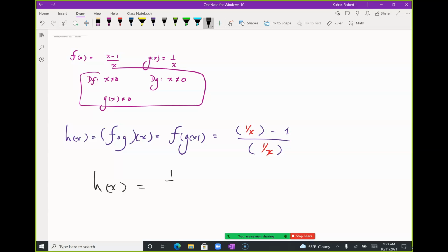So I want to simplify this thing a little bit. And the way I do this is called a complex fraction: I take my LCD and multiply numerator and denominator by the LCD, right? So I take x over x and multiply.